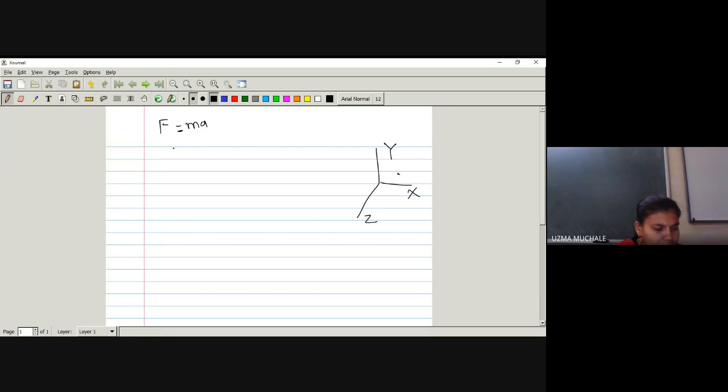So let x, y, z be the Cartesian coordinates which describe the motion of a particle. For any particle in the 3D space, x, y, z simply describe the position of the particle at any point, right? So now we can say this will work as a generalized coordinate. The Cartesian coordinates will work as generalized coordinates because there is no constraint.